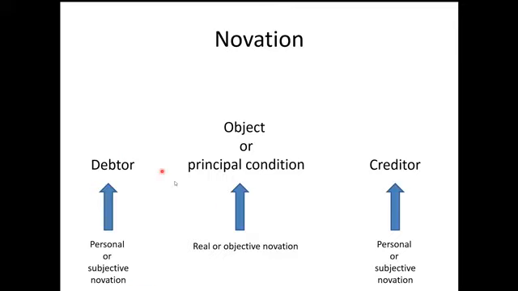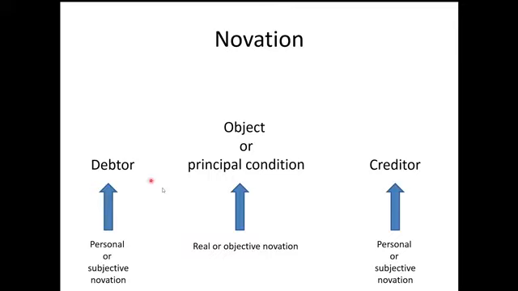Okay? Pag pinalitan ko yung debtor at the same time yung object or principal condition, we call it mixed. O kaya pinalitan ko yung object or principal condition at the same time creditor, mixed pa rin siya. Pero take note, kung pinalitan ko yung object, pinalitan ko yung principal condition, hindi siya mixed. Real pa rin siya. Kasi para maging mixed novation to, it must be a combination of both real and personal novations.